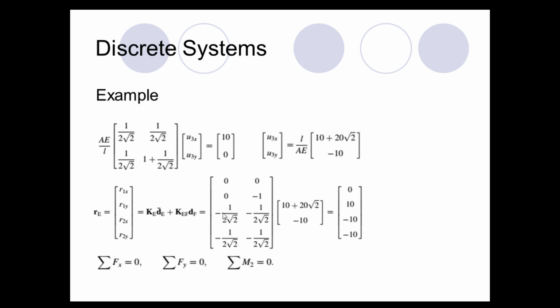And it goes like this. So each row will be multiplied by this vector, and we have 10, minus 10, and minus 10 for the components of the reaction forces. So certainly R1x is 0, R1y is 10, R2x is minus 10, and R2y is minus 10.